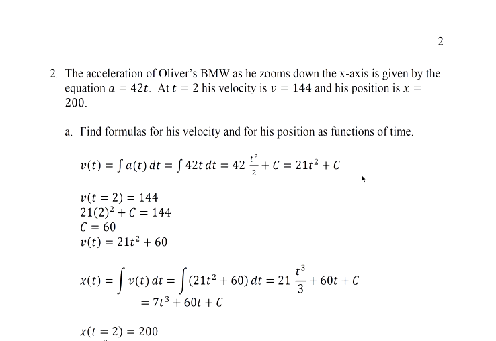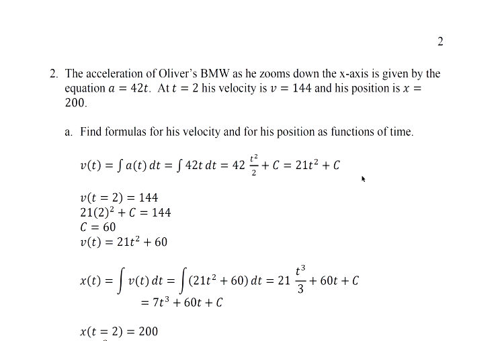Question 2. The acceleration of Oliver's BMW as he zooms down the x-axis is given by the equation a equals 42t. At time t equals 2, his velocity is 144 and his position is 200. Part A. Find formulas for his velocity and for his position as functions of time.